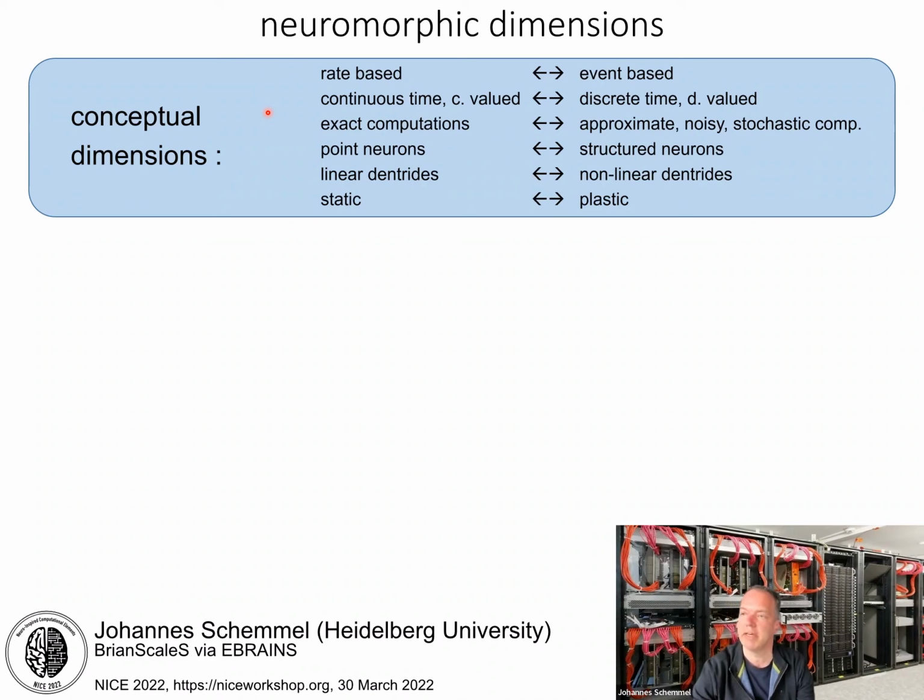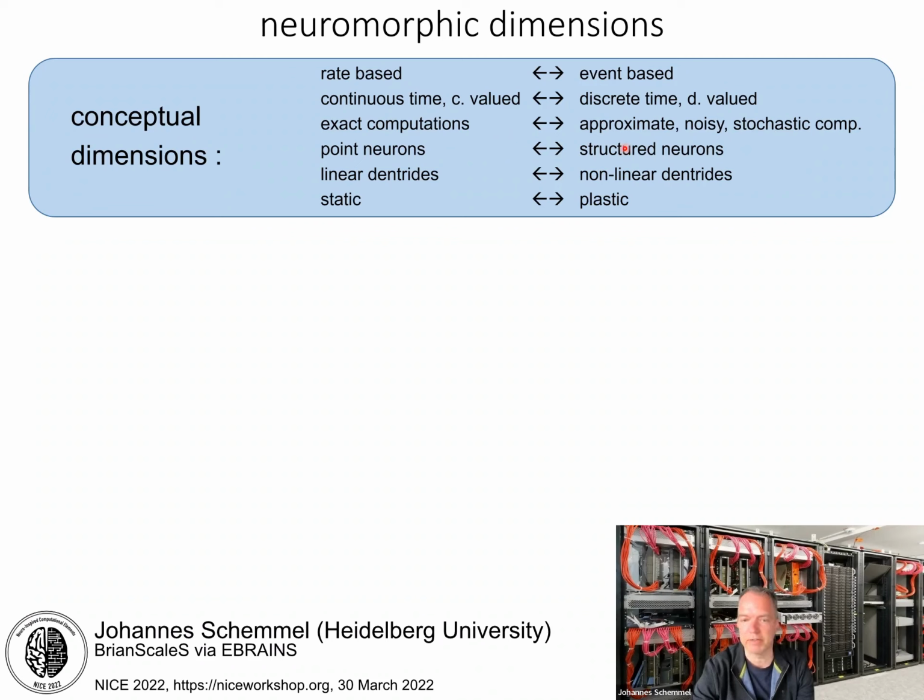For example, you can build the AI version with vector matrix multiplication in an analog or digital fashion. In the digital fashion, you have a discrete valued system, and in the analog, you have a continuous valued system. Then you have the difference between exact computations and approximate or noisy or stochastic computations. You heard from Brad that stochastic might be very important.